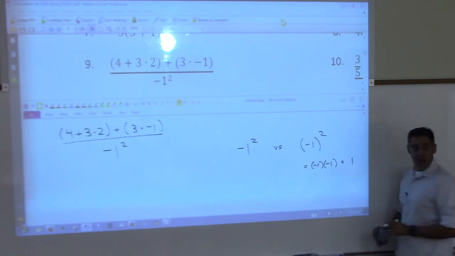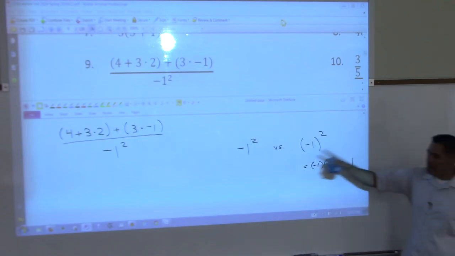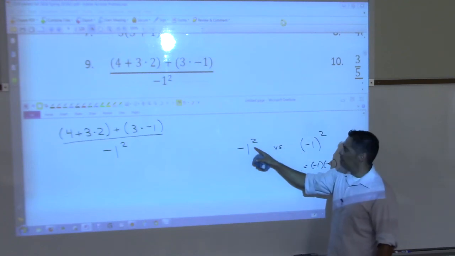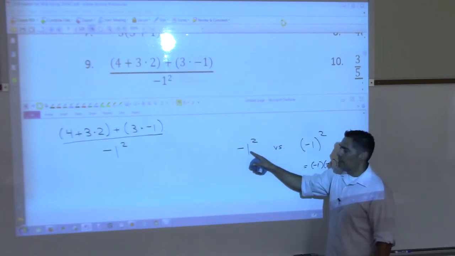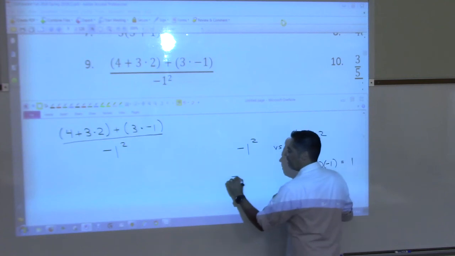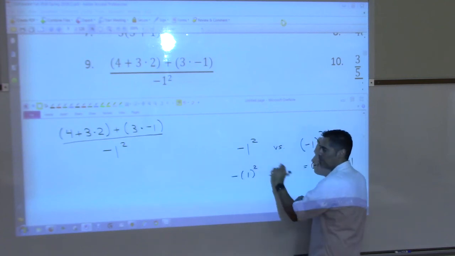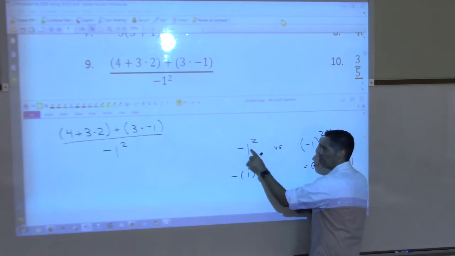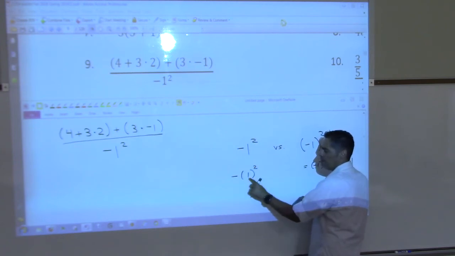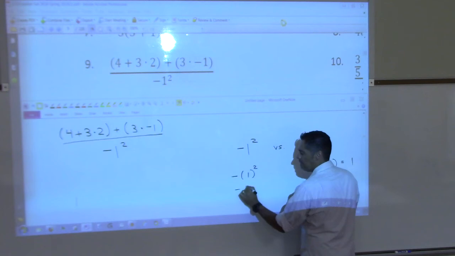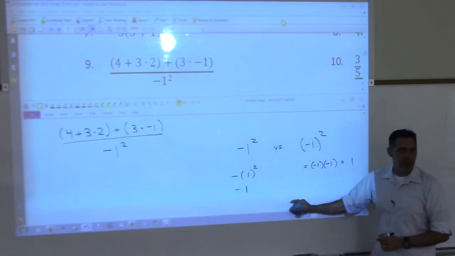Negative times negative is positive. This does not mean you're squaring negative 1. You're actually squaring just the 1, which is kind of ridiculous, but what's 1 squared? What's 1 times 1? 1, but you still have a negative outside, so you get negative 1.